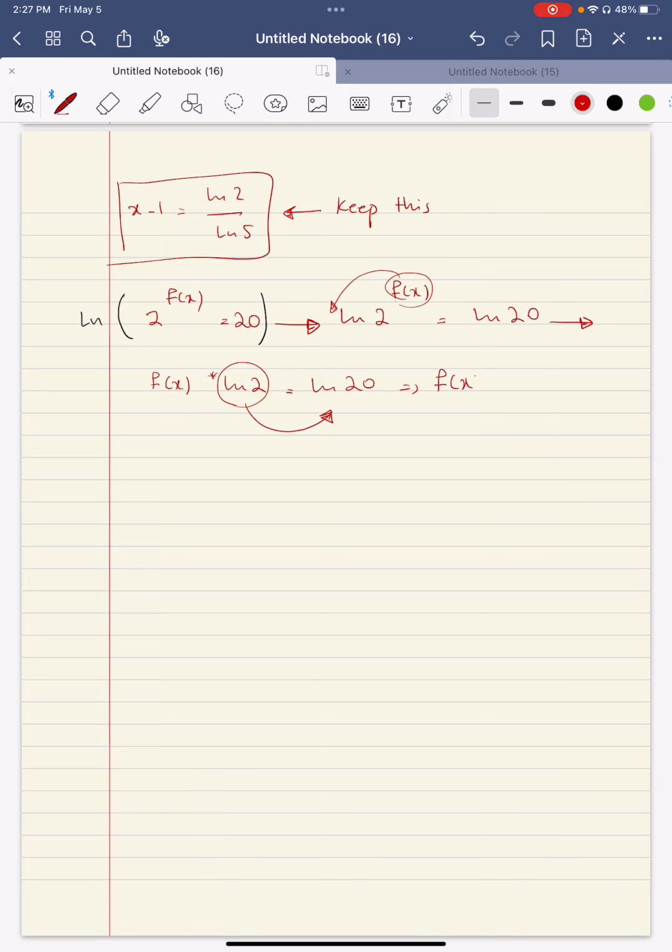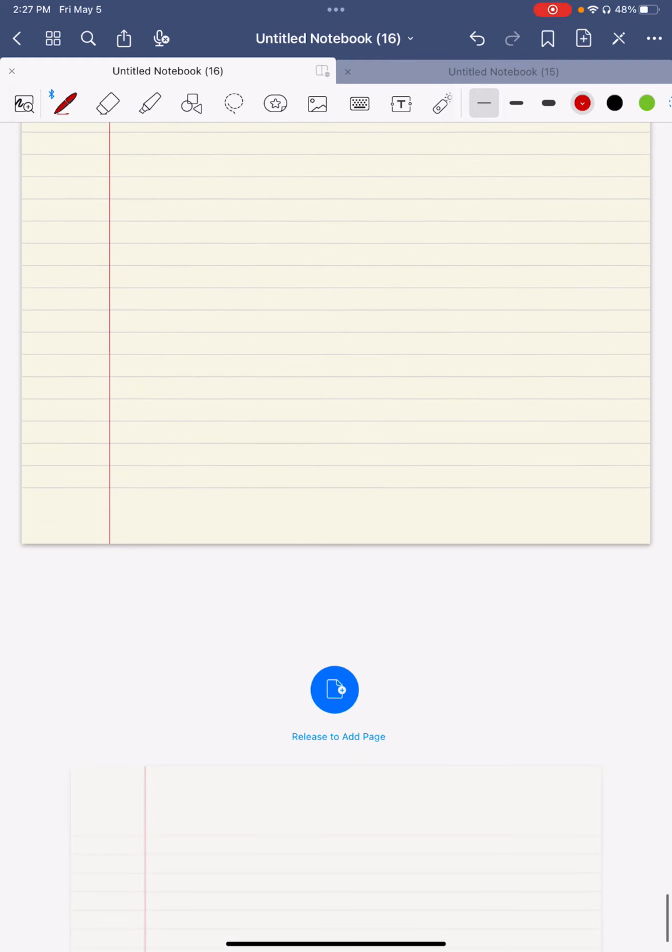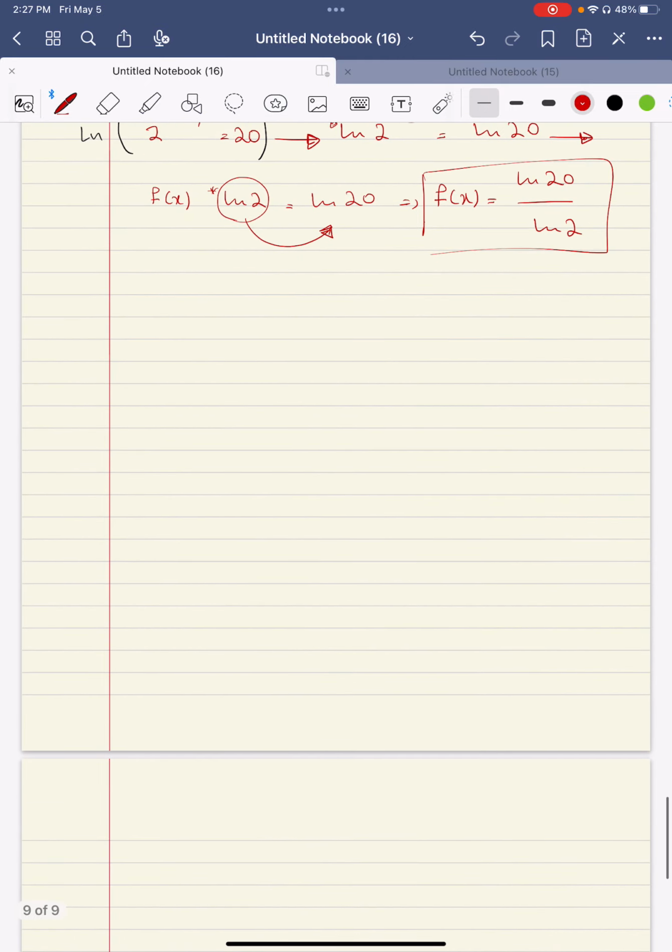Your f(x) would be equal to ln 20 over ln 2. So I will try to make it a little bit more simple. So f(x) equals ln of 2 to the power of 2 times 5 over ln 2, right?